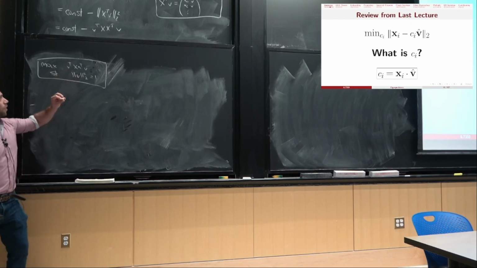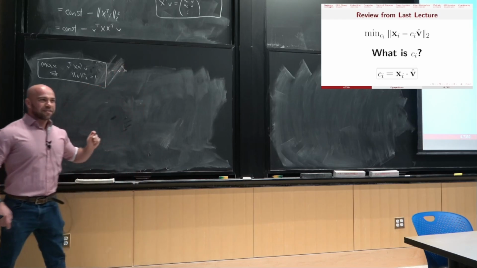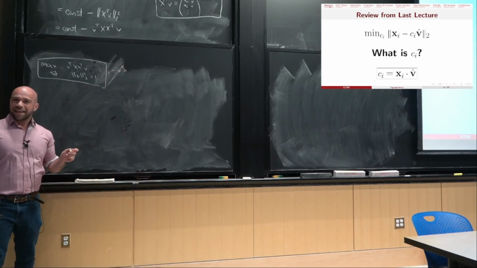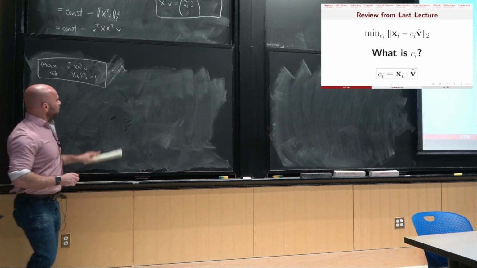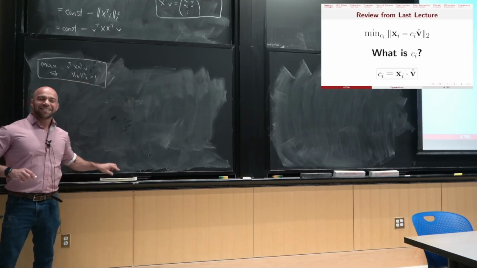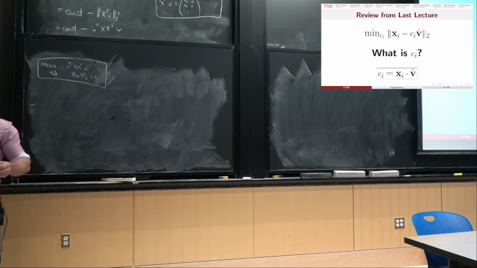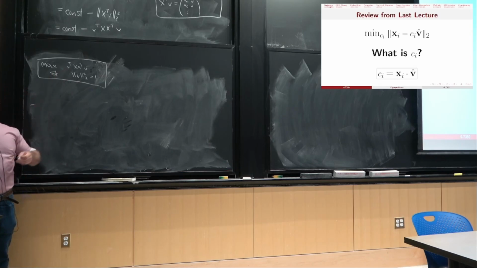If I added to this something like v transpose b, like I had in least squares, then it turns out our math isn't going to work super well. Exercise left to the reader: how do you solve that problem? Come talk to me because I've written research papers on that. But in any event, if I have a homogeneous quadratic objective with a quadratic constraint, that is going to lead us to eigenvalue problems.